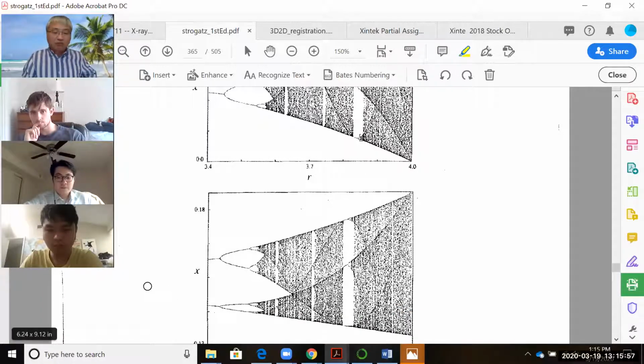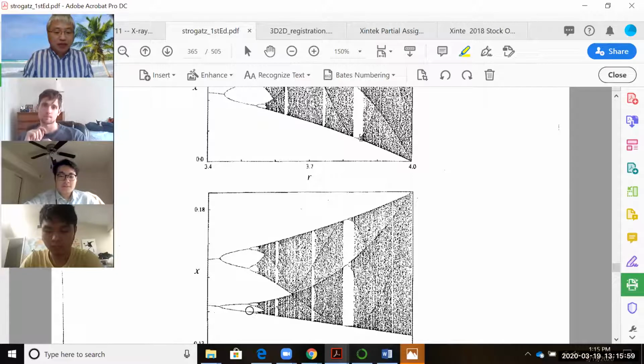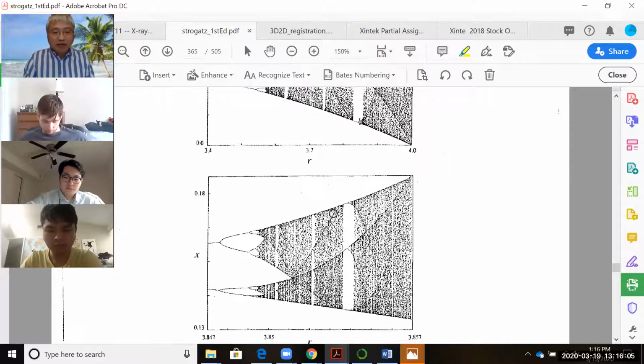There's period doubling, and at a certain limit it transitions to chaos. Remember, this portion is just a teeny portion of this figure right here. And if you blow this area up, again there are windows of ordering, windows of periodic behavior.